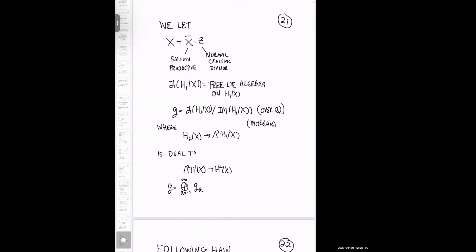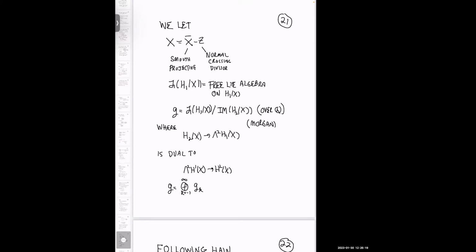So there, I think, and you're certainly more expert on this, there are two different ways of weighting things. One of which, when you have H1 of X, the way I'm doing things, I'm just calling all of that G1. But of course, some of it is, from a Hodge theory perspective, weight 2.